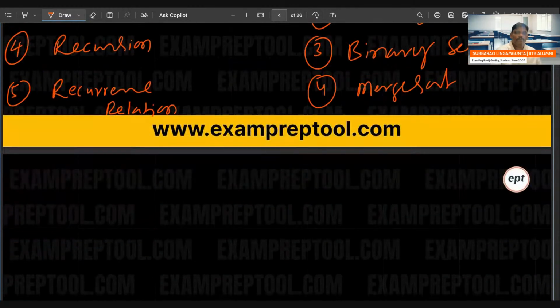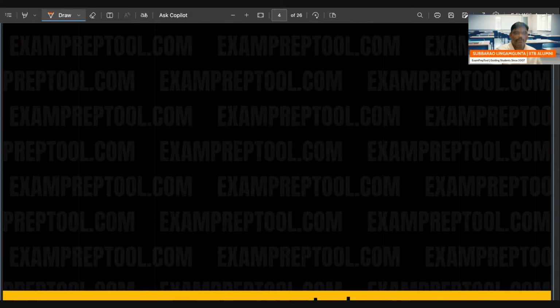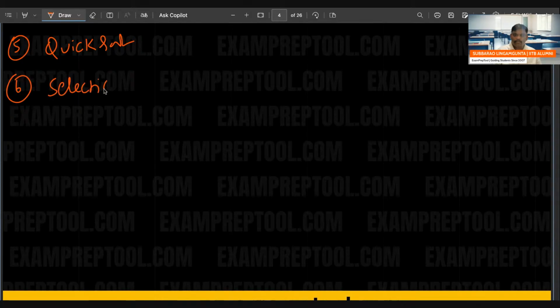Fifth one, quick sort. Sixth one, selection procedure. Seventh one, counting inversions.